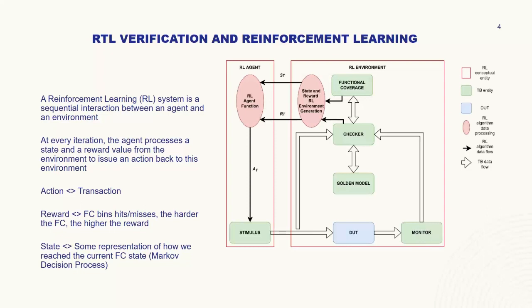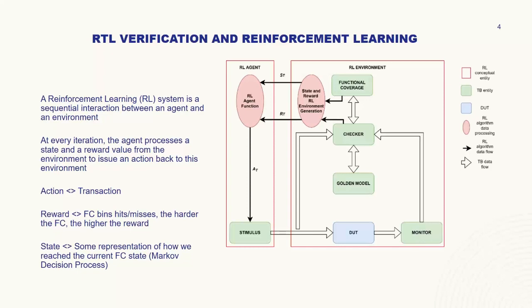Now, a bit more concept so that we can understand a bit more. Here I define the functional coverage reward as: the harder the bin to hit, the higher the reward. It's like a game. If you hit a spaceship high in the screen, you're going to get a lot of points, and it's the same for functional coverage.